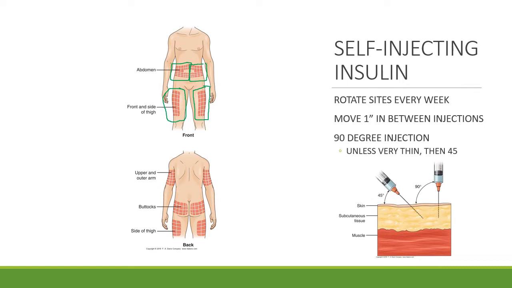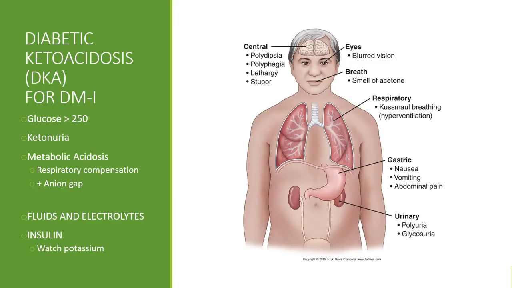It's also important to note that certain sites like the back of the arm and even the buttocks are going to be hard for a person to inject on themselves. And so if they want to use those sites, they might need somebody else to inject for them. The injection angle should be 90 degrees unless the patient is cachectic or very, very thin and they have no subcutaneous fat, and then you could inject at 45 degrees.